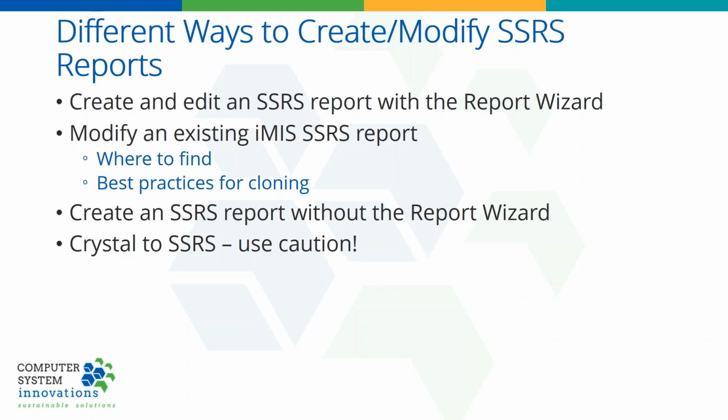That's also a safety net for future upgrades so that you won't lose any of the reports that you've customized for yourself. So make sure, when you have a report you want to clone, save yourself some steps: save as, rename it. So you can create that report with a report wizard, but if you have a SQL whiz, again, you don't necessarily always have to use the wizard. But again, I use it to this day.